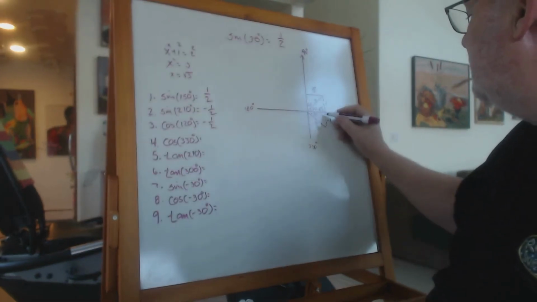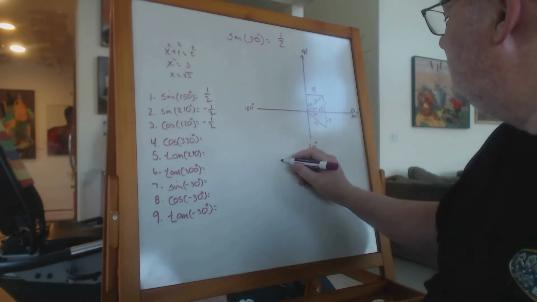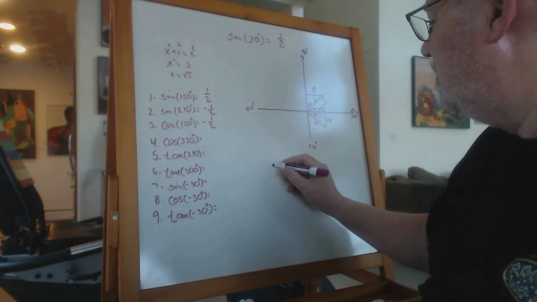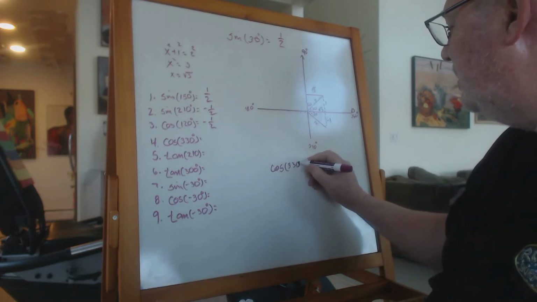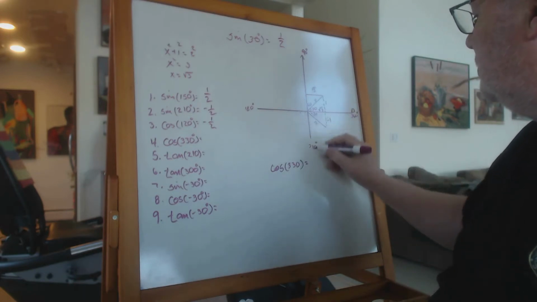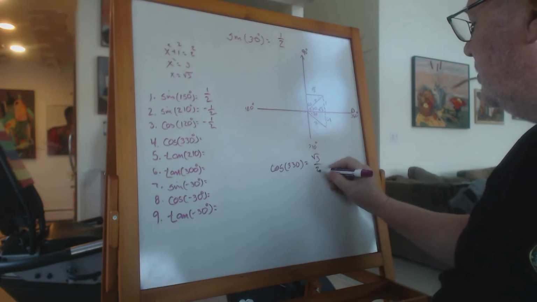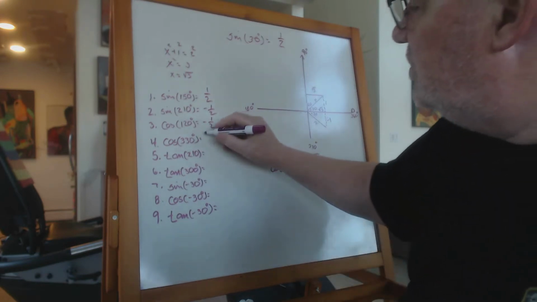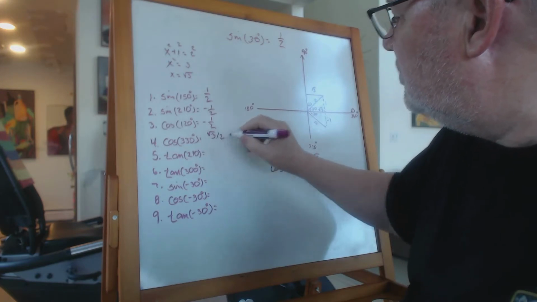So that is square root of 3 over 2. So cosine of 330 is equal to the square root of 3 over 2.